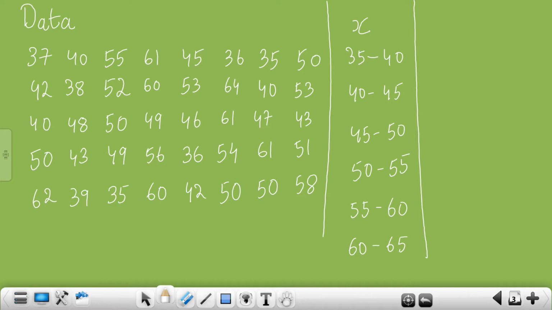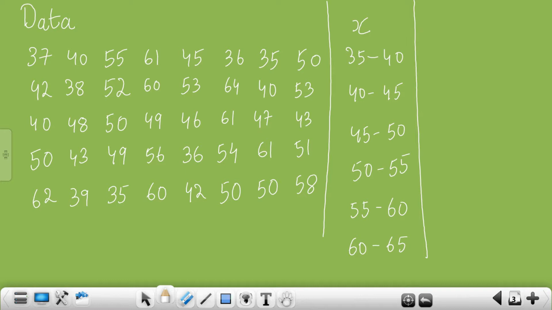The meaning of exclusive is that any values which are lesser than the upper limit of the class would be considered, whereas values which are equal to or greater than the upper limit would be considered in the next class. For example, our first class is from 35 to 40.